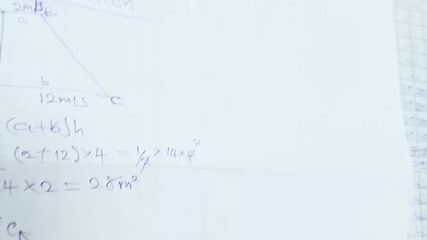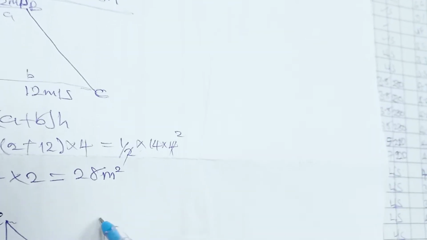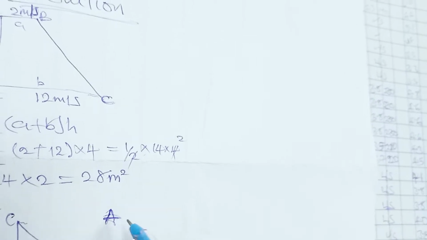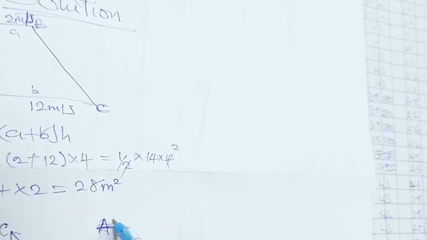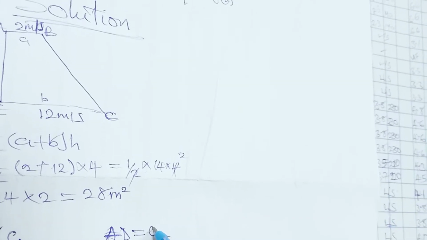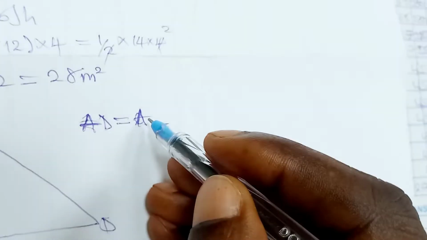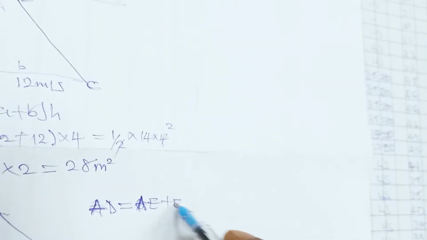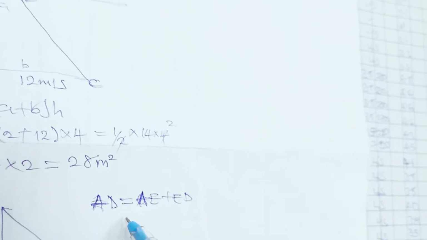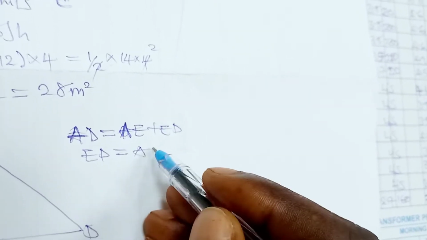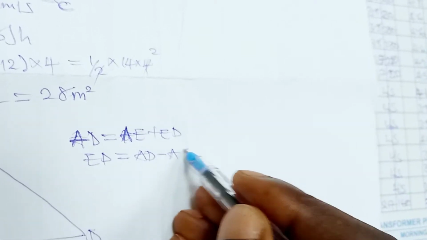We can do it this way, that is AD is equal to AE plus ED. So it is ED that we are looking for. Our ED is equal to AD minus AE.